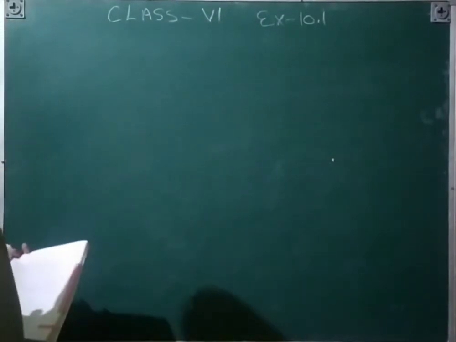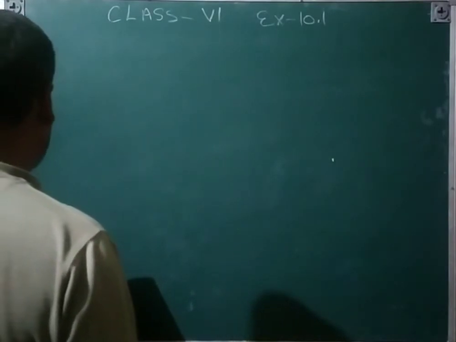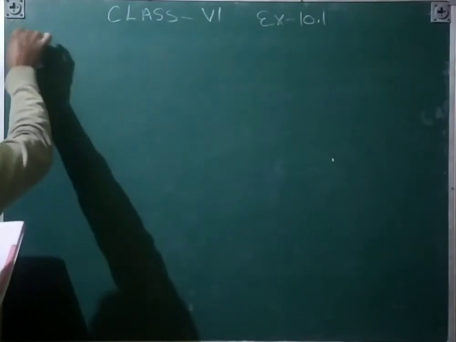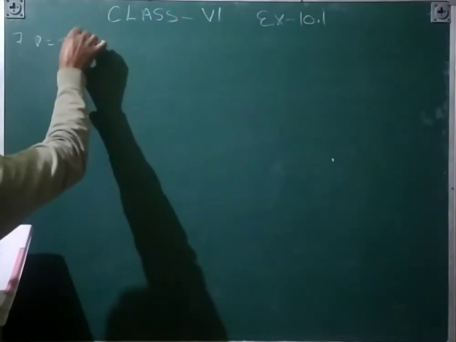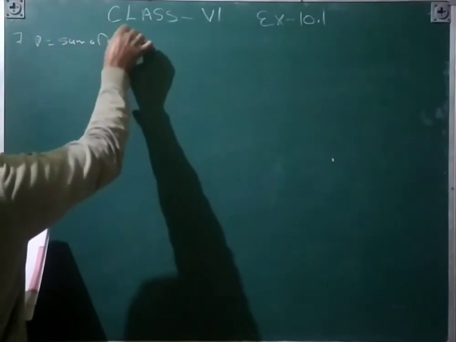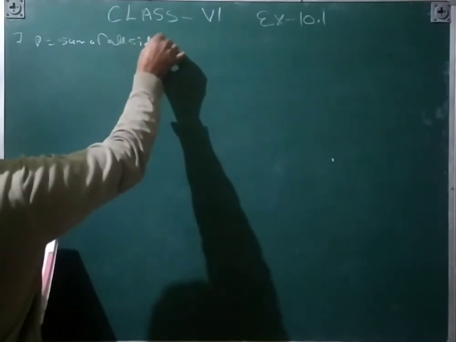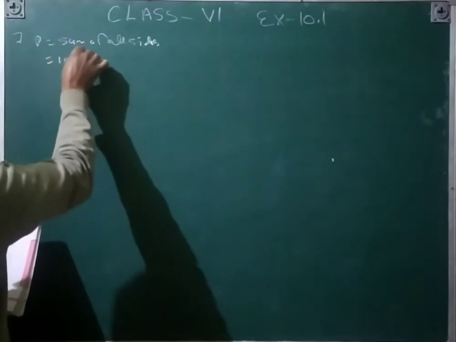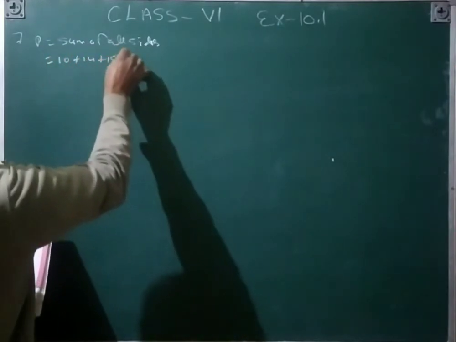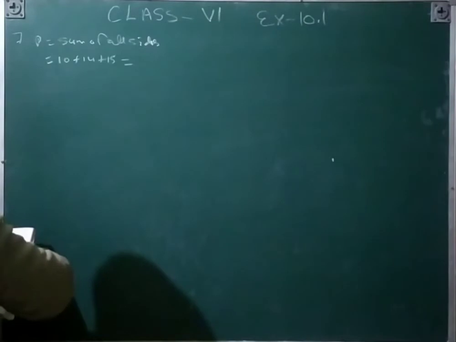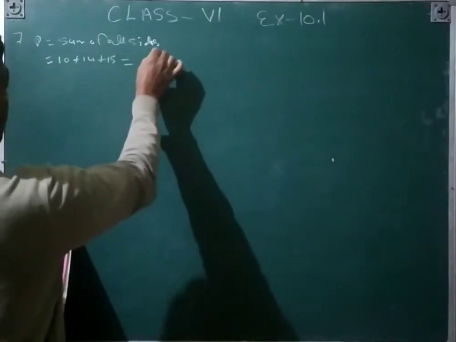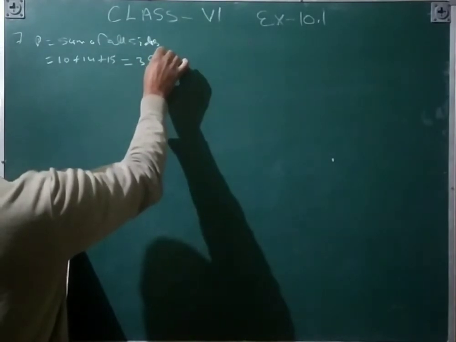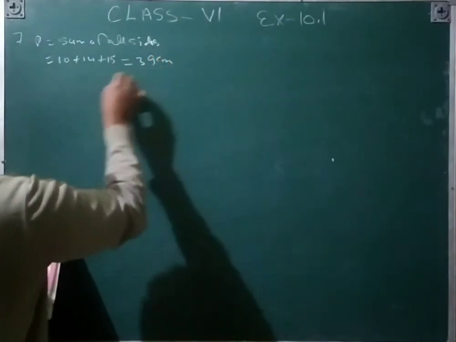The seventh question is: find the perimeter of a triangle with sides measuring 10, 14, 15. So perimeter is equal to the sum of all sides, that is 10 plus 14 plus 15, which is 39 centimeter.